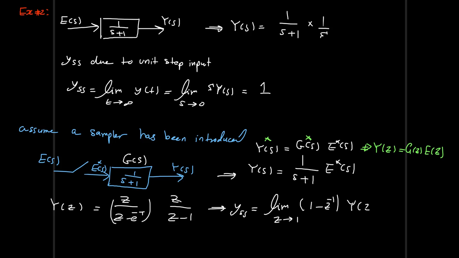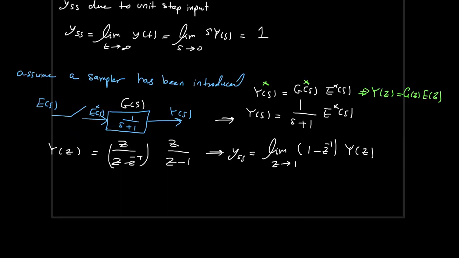Y of z. So Y steady state can be written as the limit when z goes to 1 of z minus 1 over z multiplied by Y of z, which is z over z minus exponential of minus T, z over z minus 1.